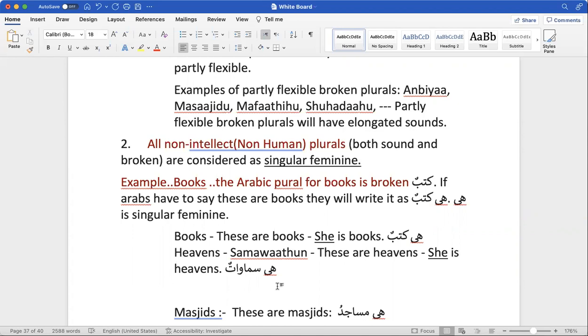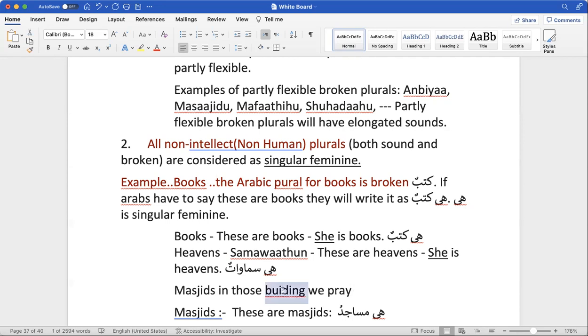Sometimes what happens, if I write a sentence like this: masjids, in those buildings, we pray.